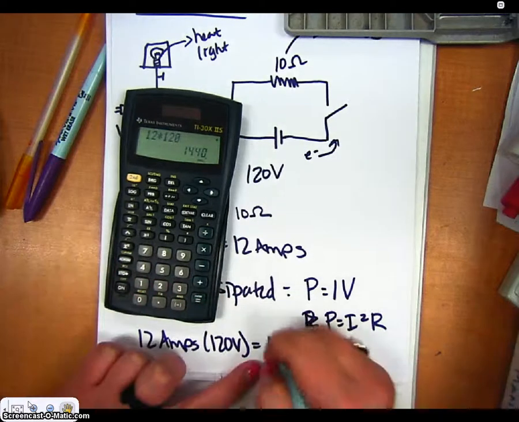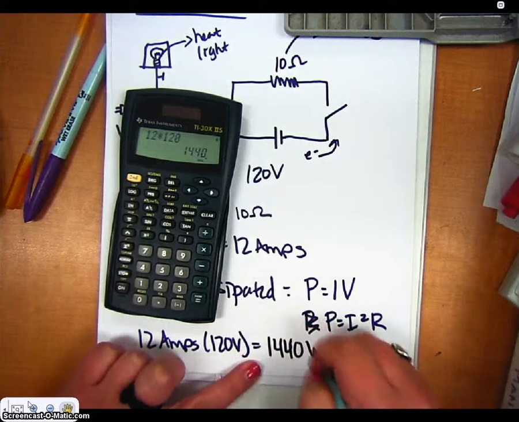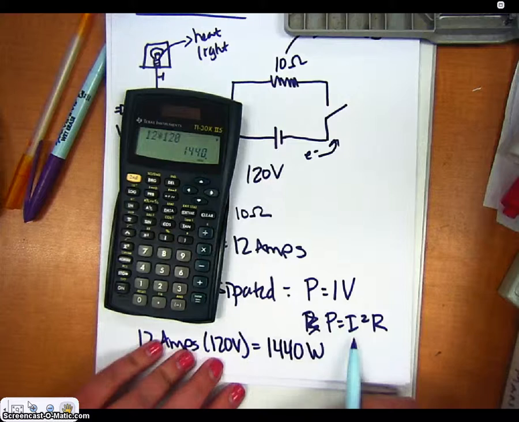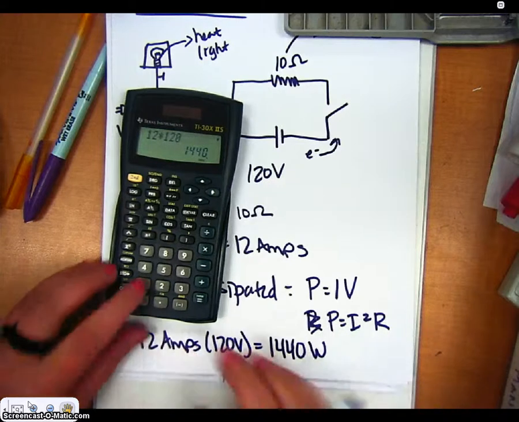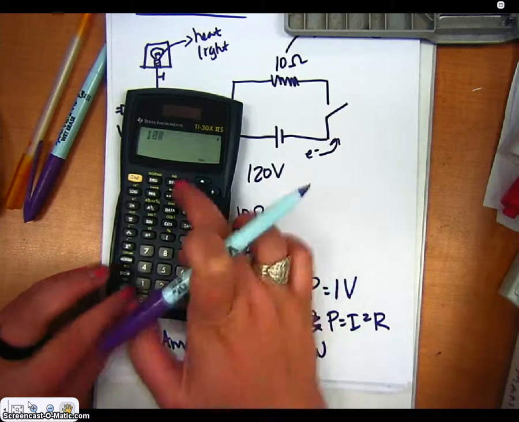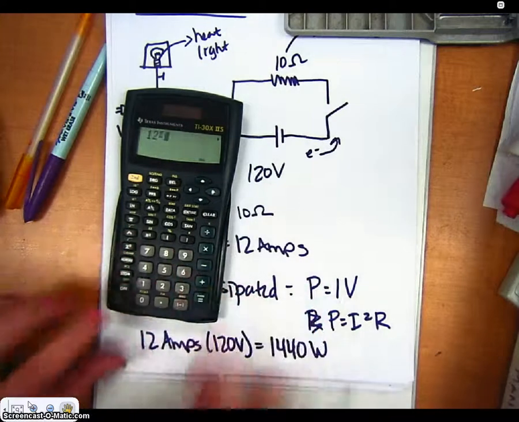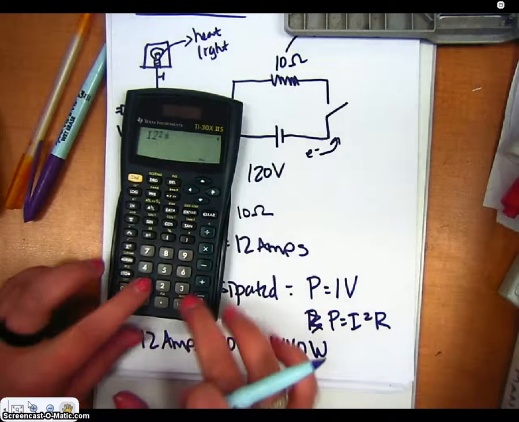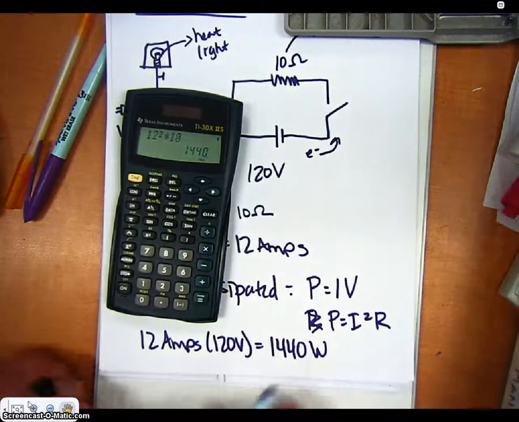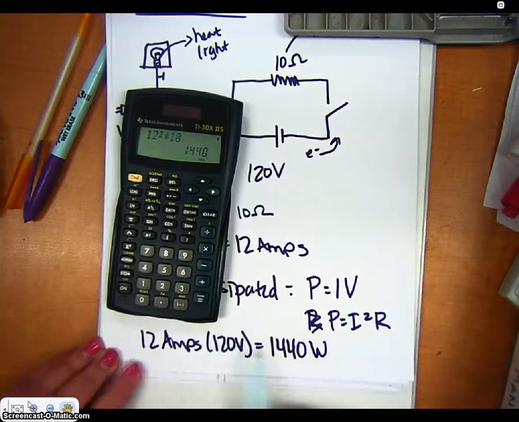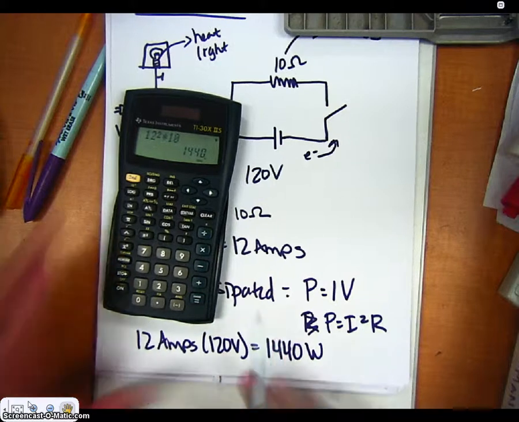All right, so I have 1,440 watts. Now, if I did it this way, I should get the same answer, right? So if I did 12 squared times 10, again, 1,440 watts. So this is the power that leaves the circuit.